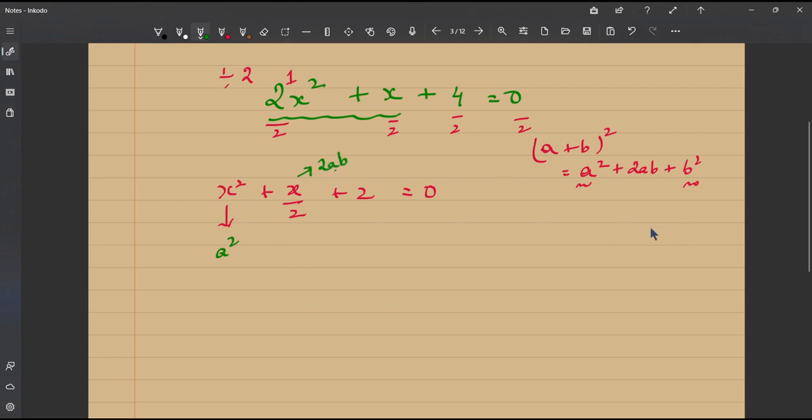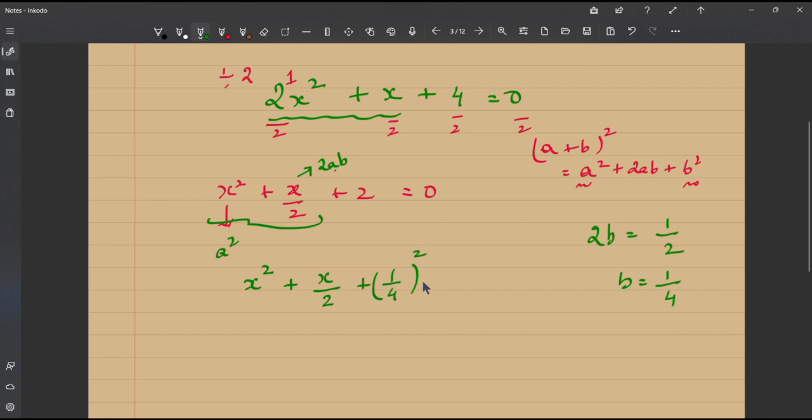So what is 2b? 2b is equal to 1 by 2 or b is equal to 1 by 4. So now we have found b. So we can find b squared and add b squared to these two, x squared plus x by 2. So this x squared stands for a squared, x by 2 stands for 2ab. So b squared is 1 by 4 the whole square.